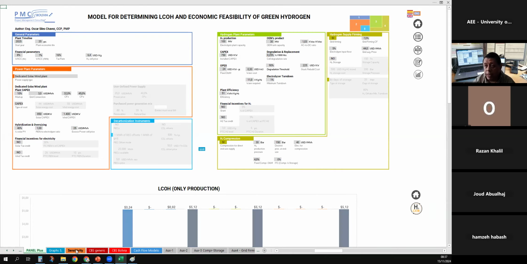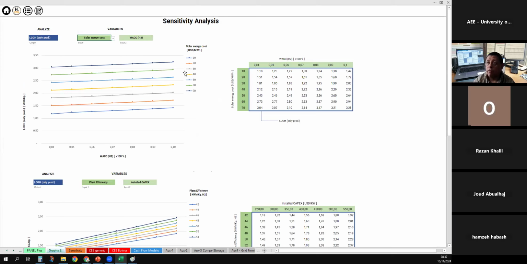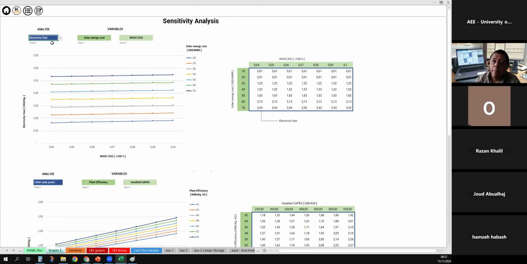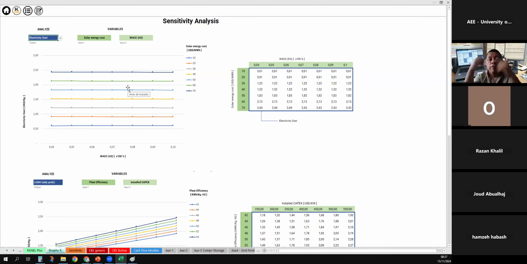Finally, we have the graphics of the sensitivity analysis. For example, we have chosen here LCOH only production. We can choose electricity cost, and you can see the change in the curves of the graphics. We can also change the input, for example, electrolysis plant capacity.